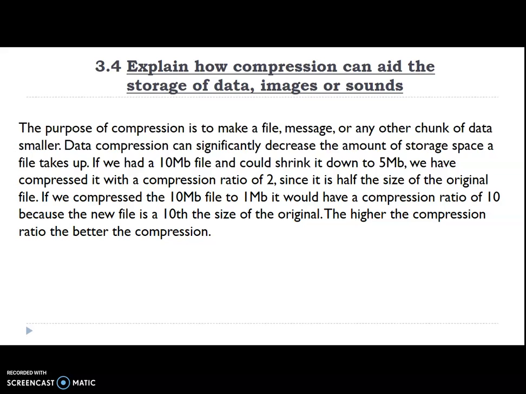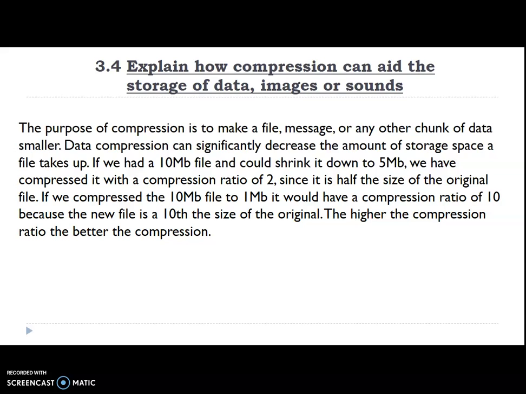Next, let's see how compression can aid the storage of data, images, or sounds. The purpose of compression is to make a file, a message, or any other chunk of data smaller. Data compression can significantly decrease the amount of storage space a file takes up.